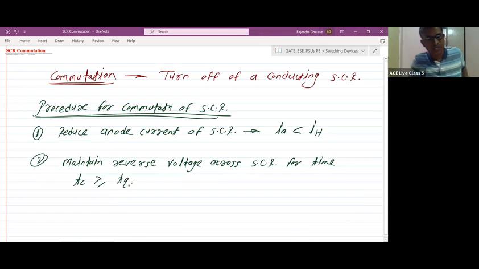We need to maintain the reverse voltage. Why is the reverse voltage required across the SCR? Because of the removal of added charge carriers. So therefore TC and TQ. TQ means device turn off time.